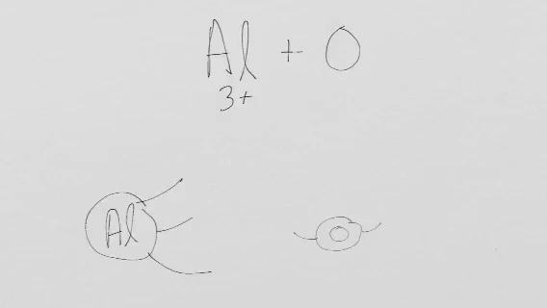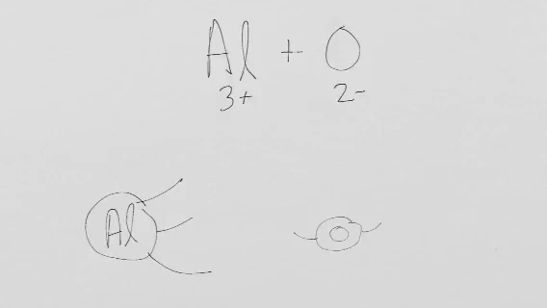How many does oxygen have in its outermost shell? It has 6, so it is missing 2. Oh, that's not a 1-to-1 ratio. So just like factoring in math, you find a common factor here. What do I have to do to 3 and what do I have to do to 2 to get them to have the same number?